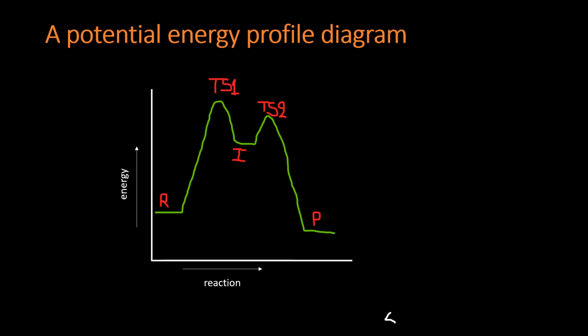What does it mean? It means that the tertiary alkyl halide will first undergo self-ionization and form a carbocation. But it will first form a transition state 1 where the bond will not be completely broken in order to form a positive charge on the carbon.